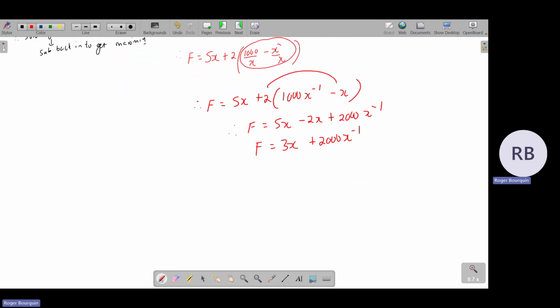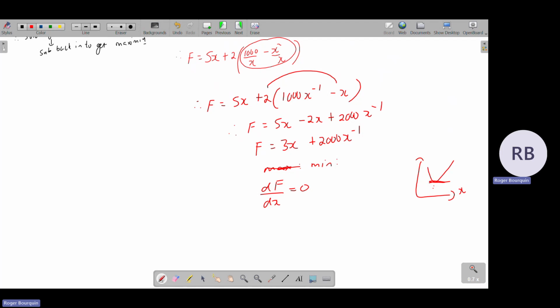And I can say, the maximum occurs when? Or minimum, right? The minimum will occur when the derivative of f, basically when the gradient is 0, right? So if you have a curve of x against f, a minimum will occur, well, I don't know what the graph looks like. The minimum is going to occur when the gradient is 0 of the x f function.